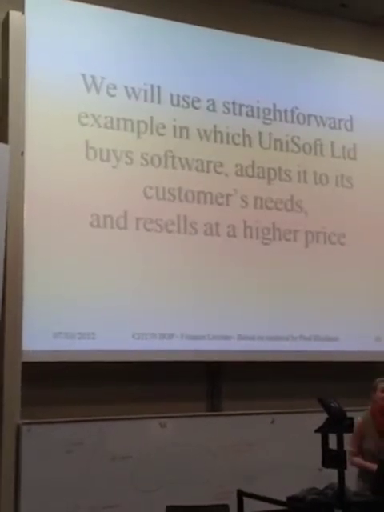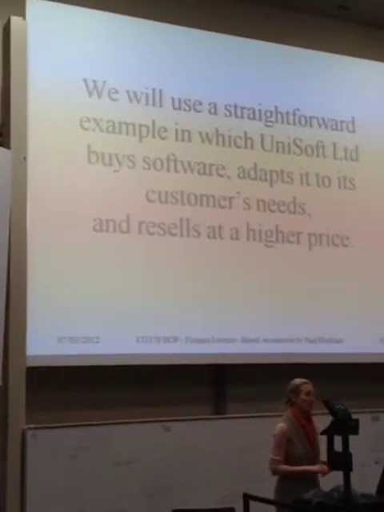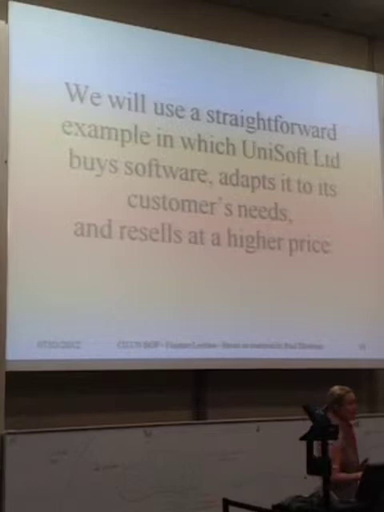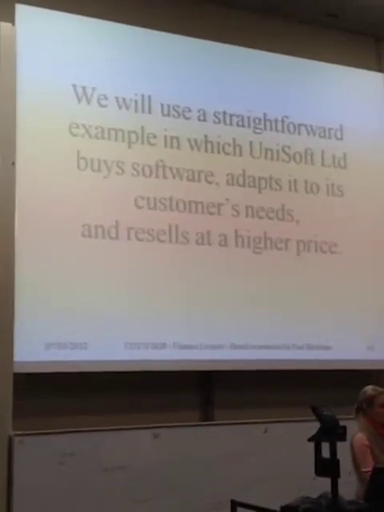So, we're going to use a straightforward example in which Unisoft Limited buys software, adapts it to customers' needs, and resells it at a higher price. Sounds like a business plan.